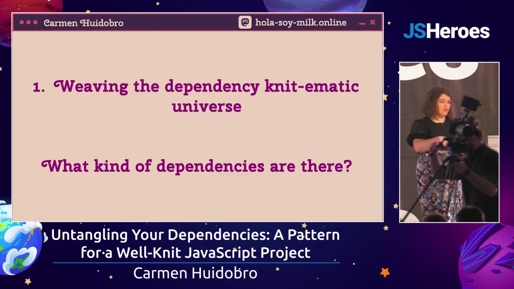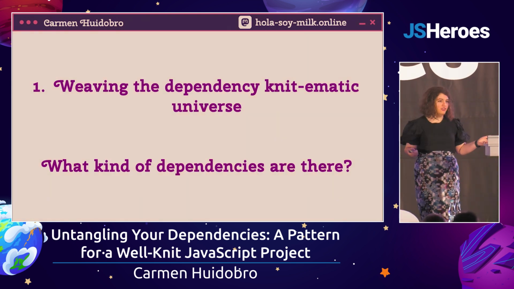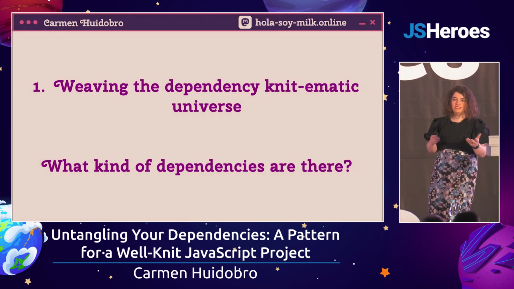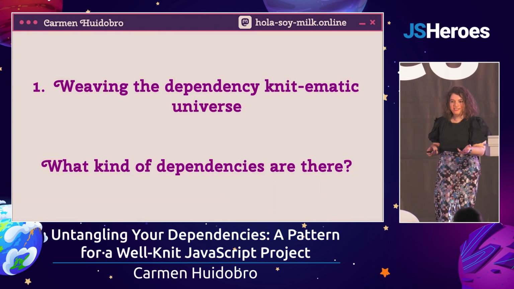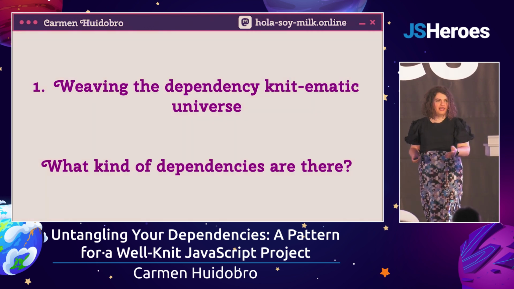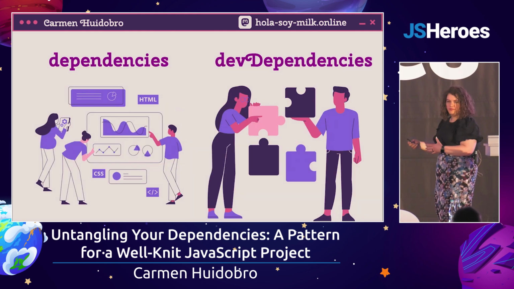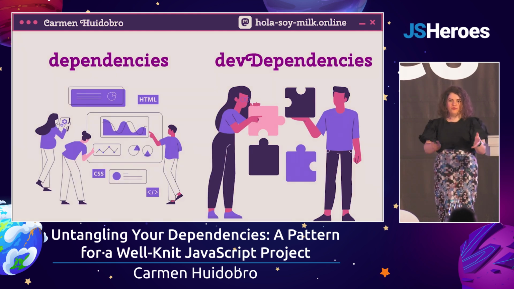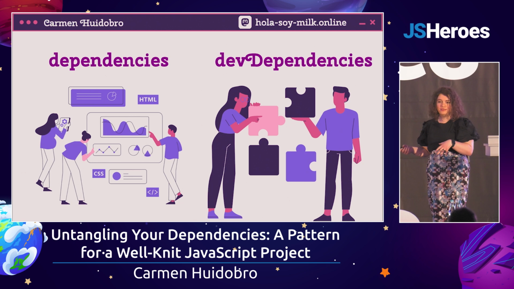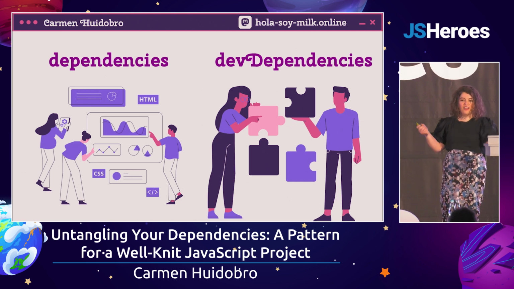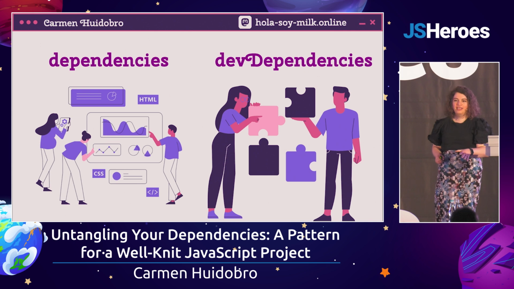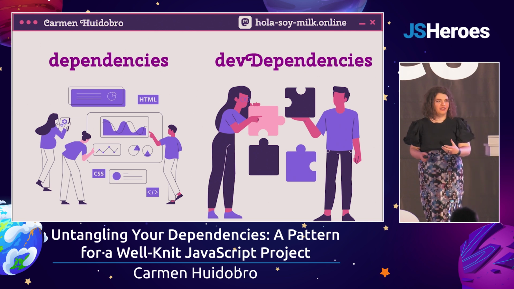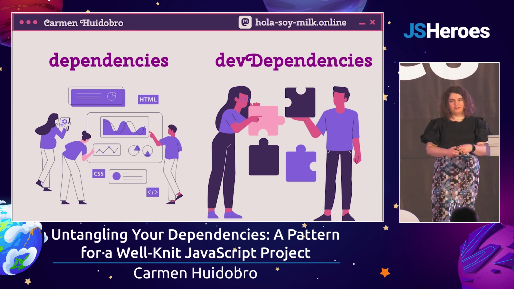So I'm going to share with you some lessons that I've learned over the years in terms of working with complex dependencies. What are dependencies and how do they interact with one another? If you've worked in JavaScript projects, you've probably worked a lot with dependencies and dev dependencies. I've worked in a lot of stacks over the years, and one of the things that I regret losing sometimes is my sense of curiosity, like, okay, but why is it a dev dependency?